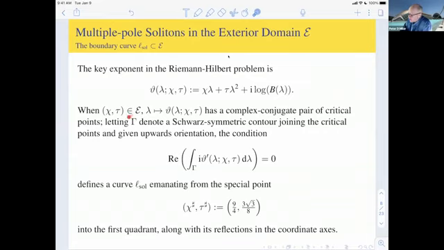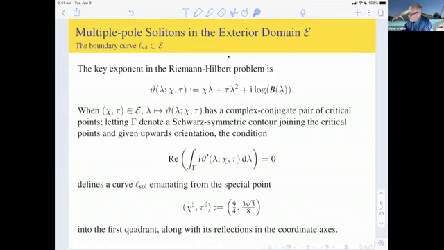If we pick Gamma, this capital Gamma, to be some Schwartz symmetric contour that joins the critical points, Schwartz symmetric up to orientation, and orient it in the upward direction from the lower branch point to the upper one, then I integrate i theta prime along this Gamma curve, take the real part, and set that to 0. That's a real condition on these two variables chi and tau, so it defines a curve in the chi tau plane, and that curve we call L sol.